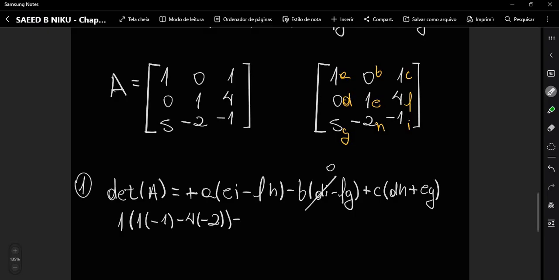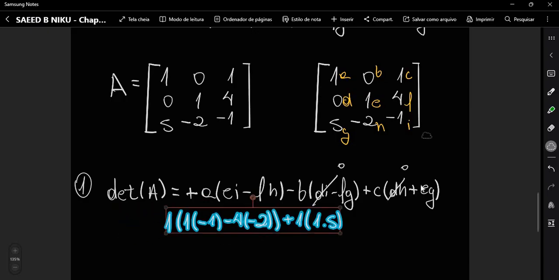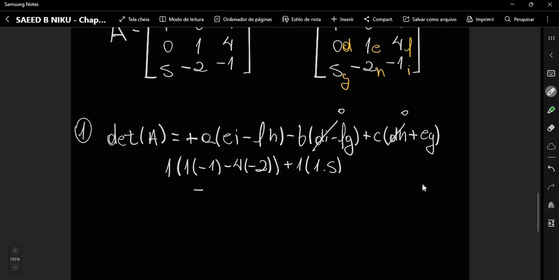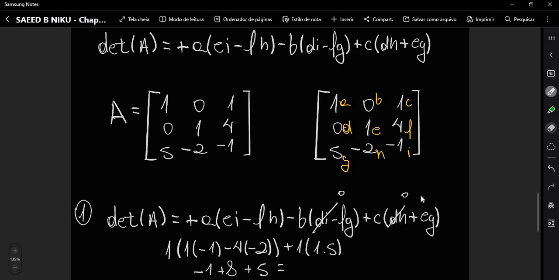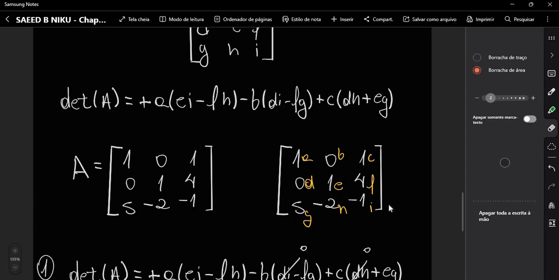Plus C, which is equal to 1, times D times H, and D is 0, so we are left with E times G. E is equal to 1 times G, which is equal to 5.